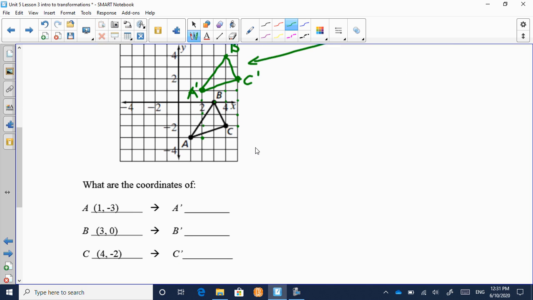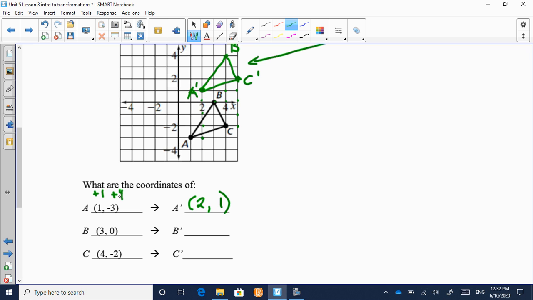It says, what are the coordinates of A prime? Well, look at this. We've moved it. We can see now that it's 2, 1. 2, comma, 1. That's implementing the 1 unit to the right and 4 up. And interestingly, look at this. Do you agree with me that technically for the 1, we've added 1 to it? That corresponds to 1 to the right. And then -3, we've added 4 to it to get to 1.